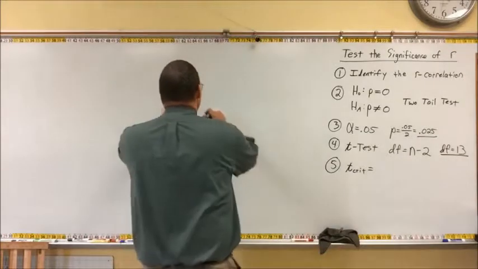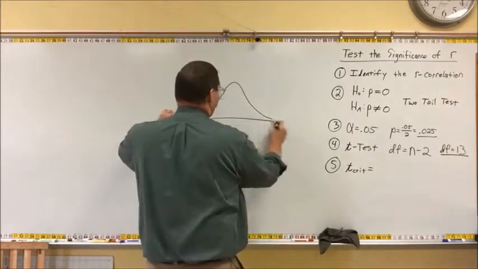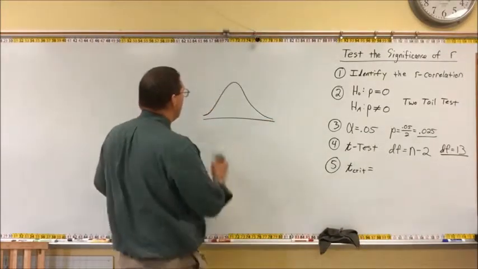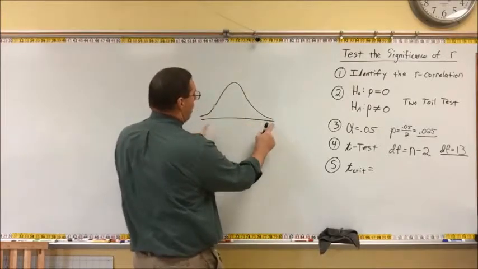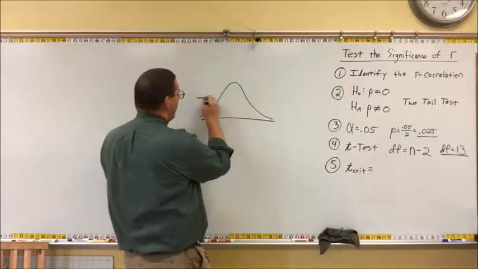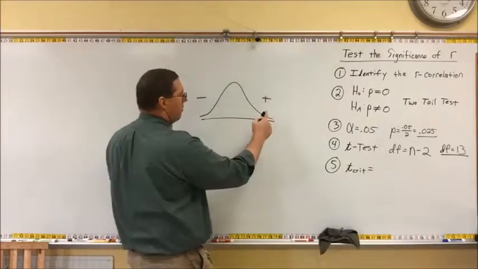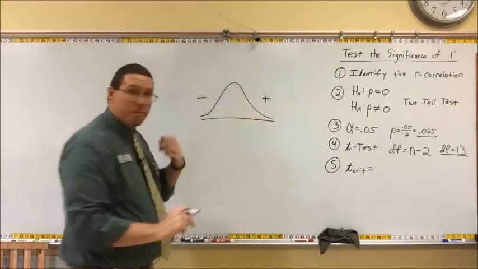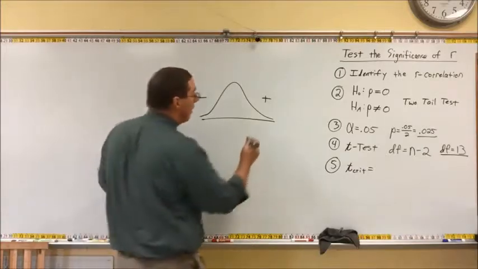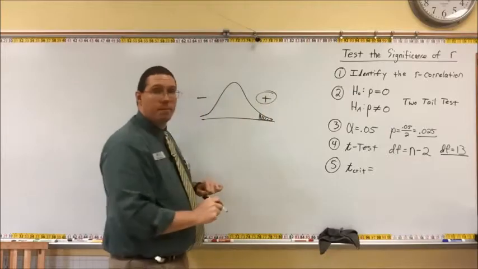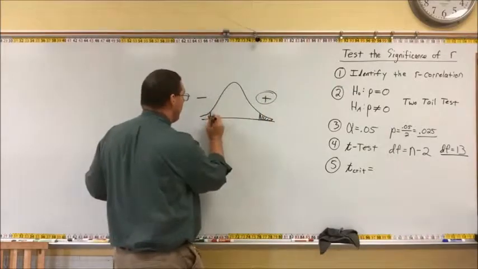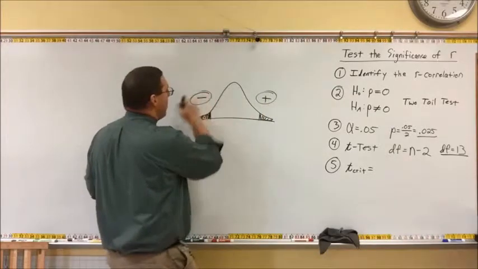And that's because, remember, with the distribution curve, a two-tail test is on the left side and the right side. It's two tails. This is the negative tail, and this is the positive tail. So it's plus or minus. If it's just a right-tail test over here, then it's just positive. If it's just a left-tail test, then it's just negative.